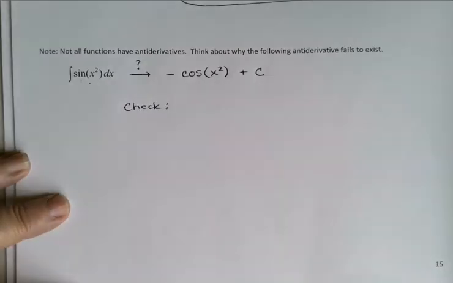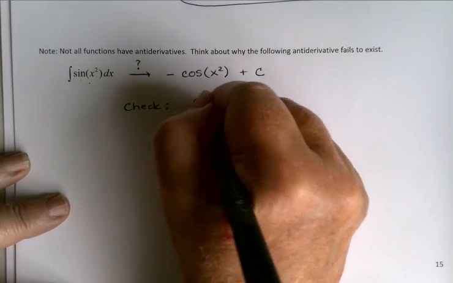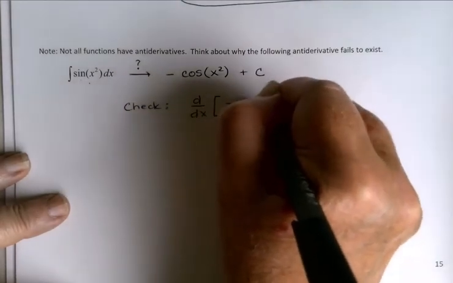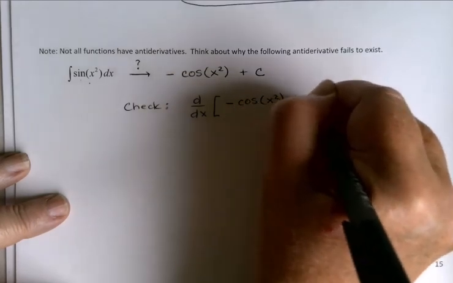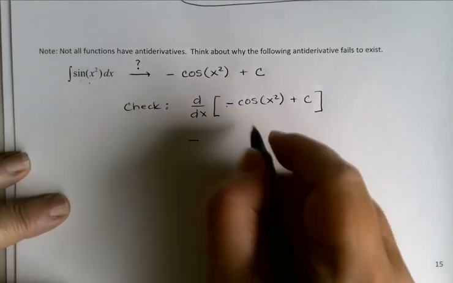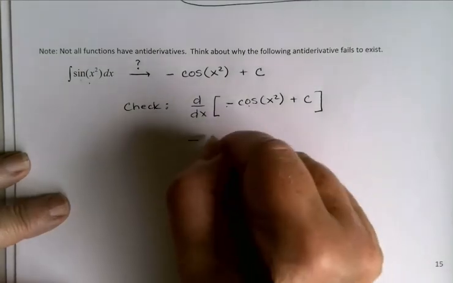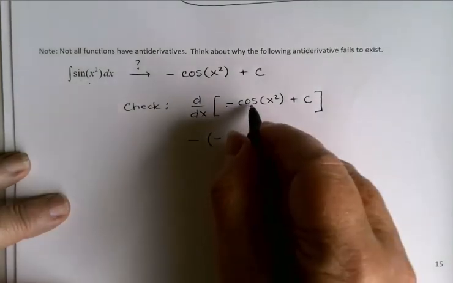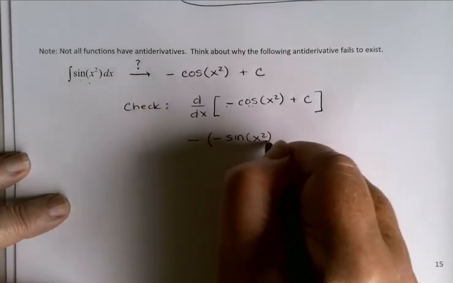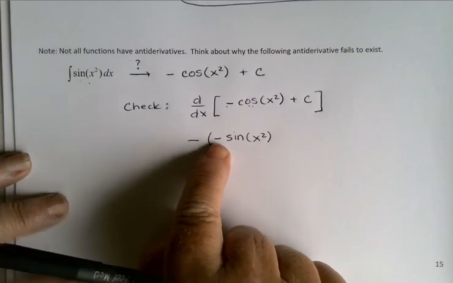We're wondering if that's true. If I take the derivative of minus cosine of x squared plus c, I've got my minus, and then the derivative of cosine is minus sine of x squared. So negative is going to make that positive.